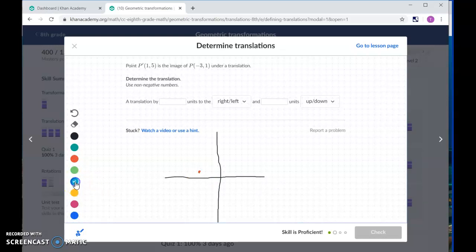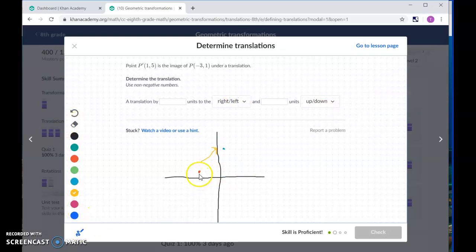And if I am getting over here to (1, 5), then that would be 1, and then 1, 2, 3, 4, 5. Okay. So if this was my original and I went to right there, then I need to know, am I moving left or right, and am I moving up or down? Clearly, I'm moving to the right and up.